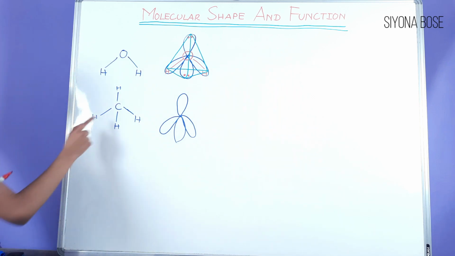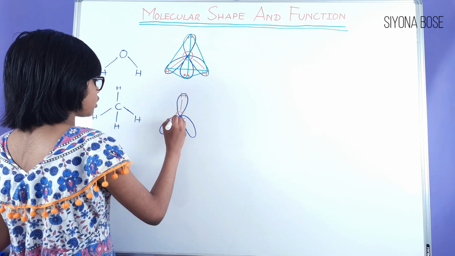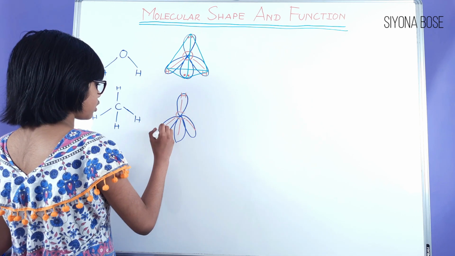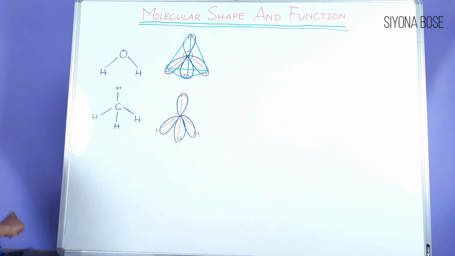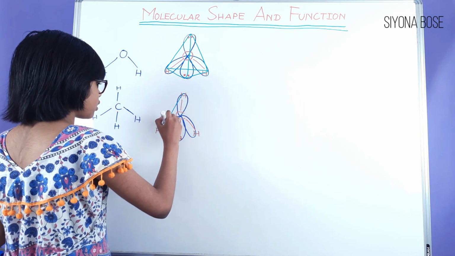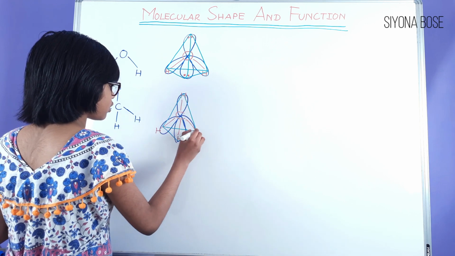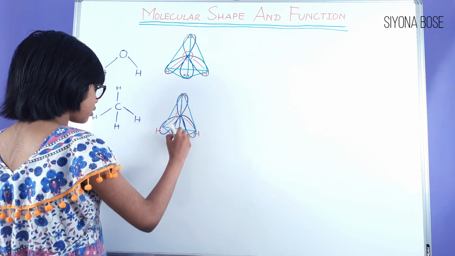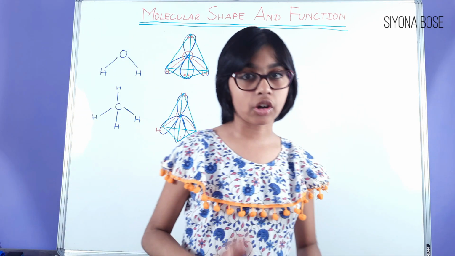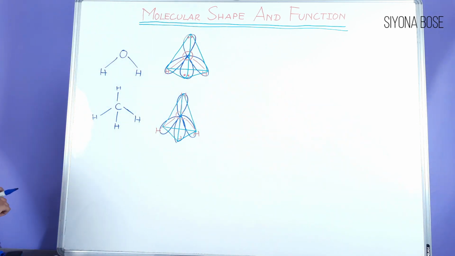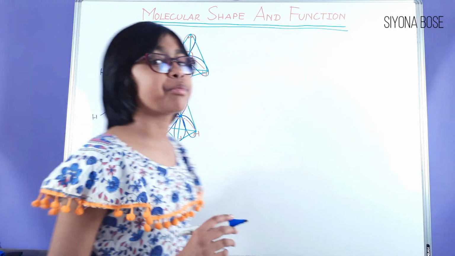Now superimposing the structure, and the shape. This is how it will look. Now we can move on to how molecular shape and function is crucial in biology.